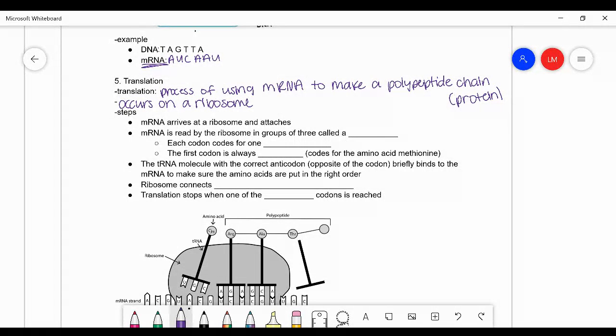So the first thing is that our mRNA is going to arrive at a ribosome and attach. And the ribosome is going to read the mRNA in groups of 3. Each group of 3 is called a codon. Each codon will code for 1 amino acid.